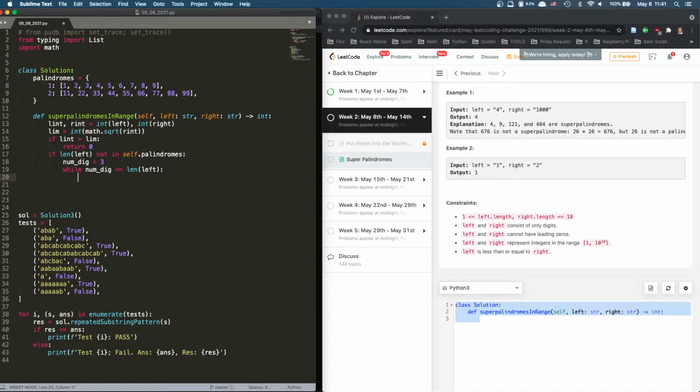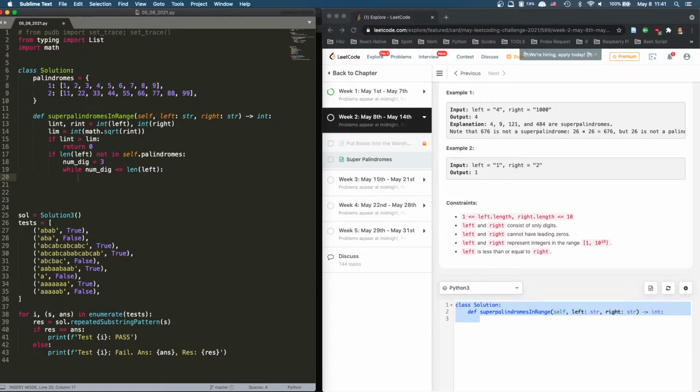Wait, what are we doing? What we want to do is, if the digits does not exist, then we create it. If it does exist, we use whatever we have.